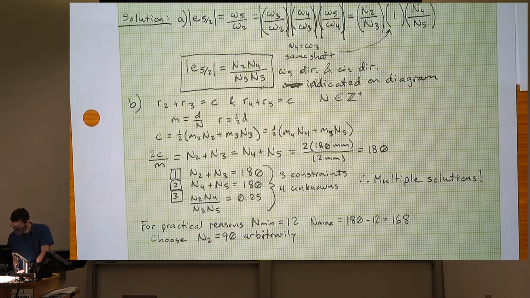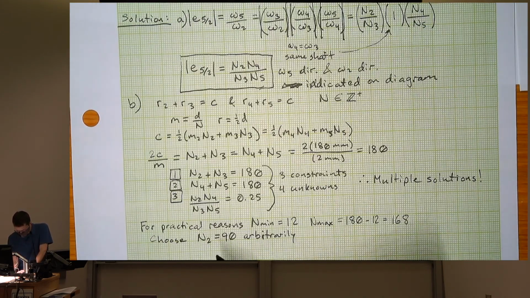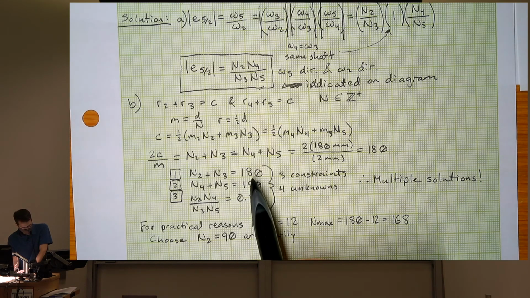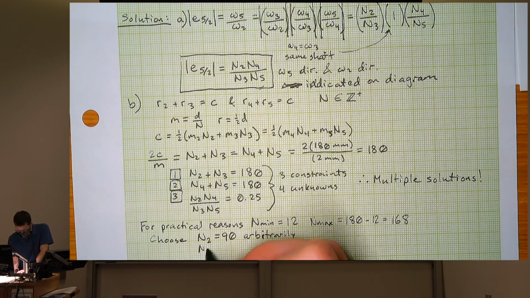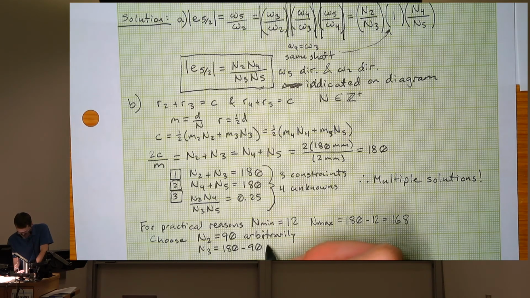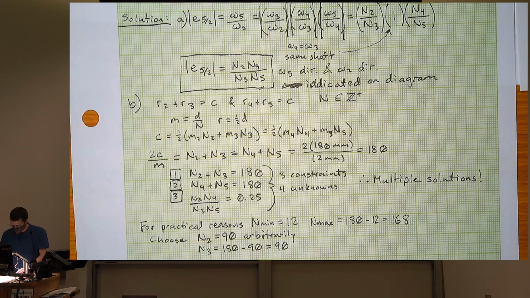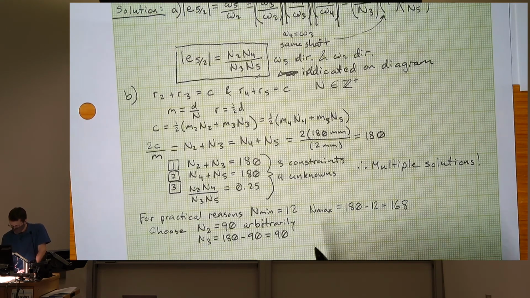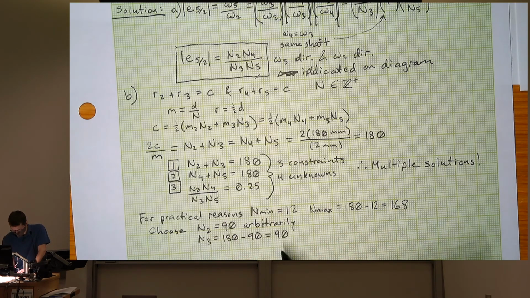Okay, so in that case, we can insert N2 equals 90 into our equation 1. And we get that N3 is equal to 180 minus 90, which is equal to also 90. Okay? And then we know that we can take equation 3 and insert our values for N2 and N3.